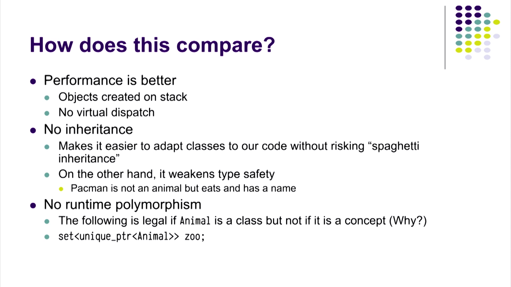Well, I could say set of unique pointers to animal in the virtual inheritance case, but I can't say give me a set of animals in the concept case, because in a set, everything needs to have the exact same type, right? Or a vector or anything else. You can't have a set of some concept, because now it's a set of cat, dog.